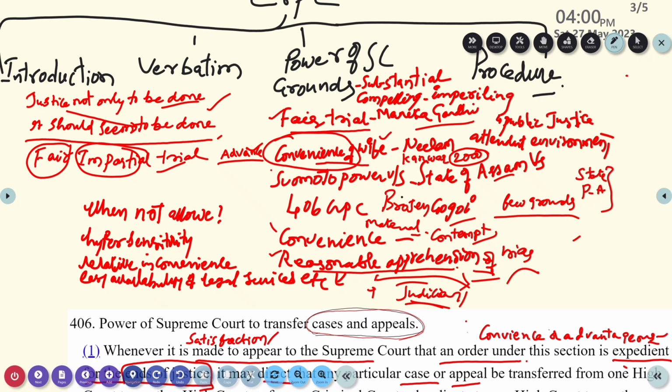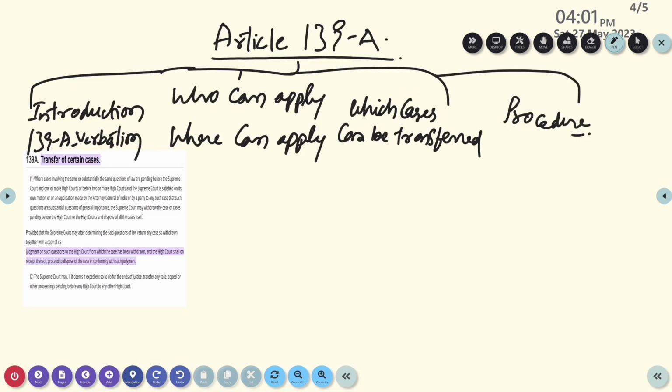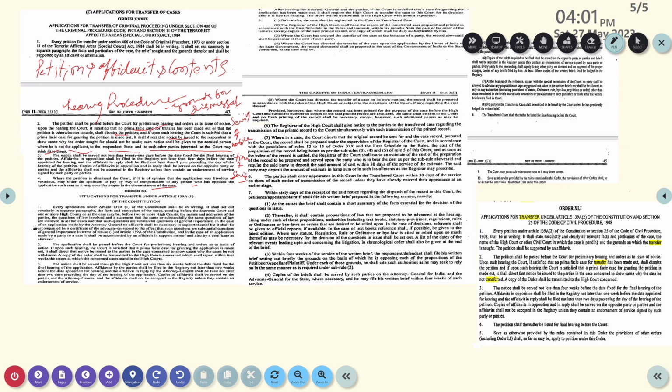So this is about the grounds and scope. Come to procedure. Regarding this procedure, Supreme Court Rules 2013, Order 39.